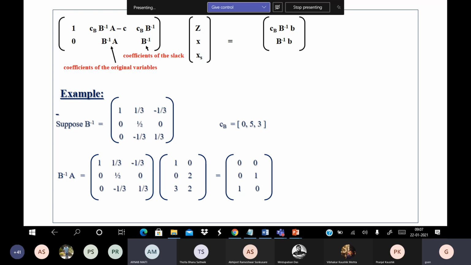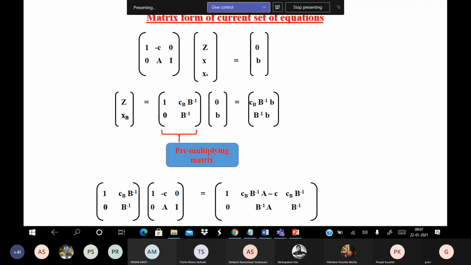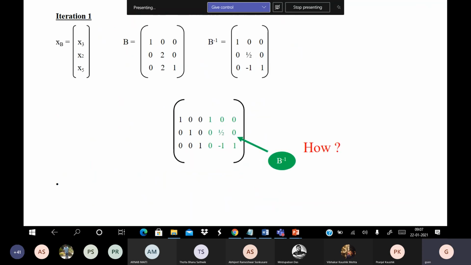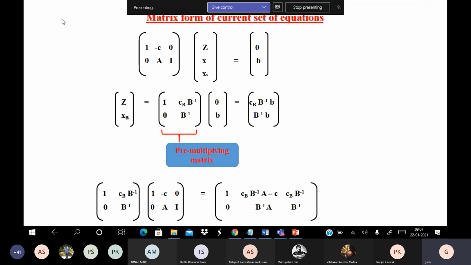And a small c? So this was the original system of equations, right? 1, minus c, 0, 0, A, I, times z, x, xs, and 0, small b.